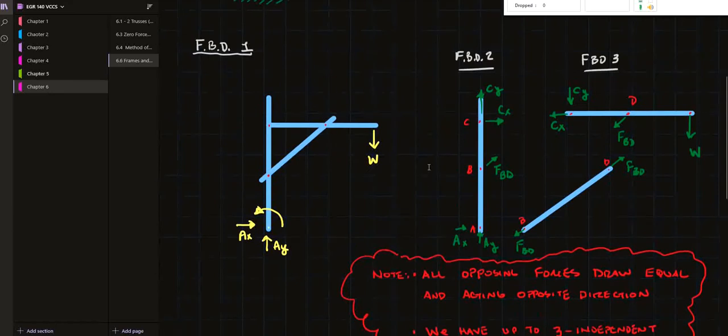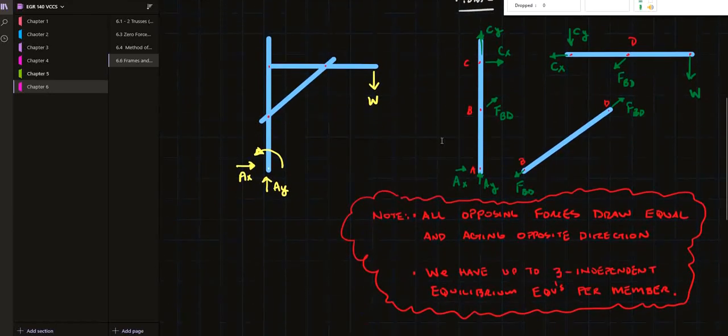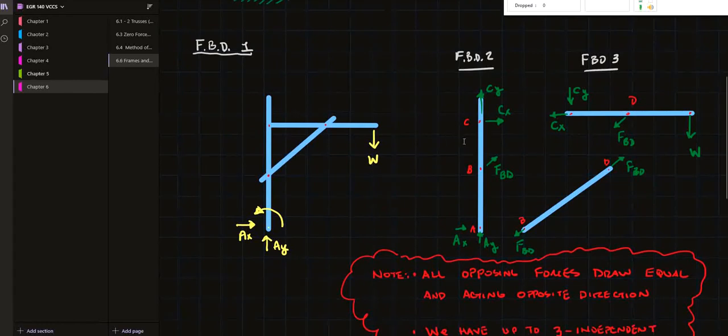So I might, for example, use free body diagram 3 and sum moments about C, so that if I knew what the weight was hanging off the end, I could find the force FBD. Of course, I'd need to know the direction. I have to have enough information to know the direction that force is pointing. And then after that, I could sum forces in the X and the Y direction to find the CY and CX.